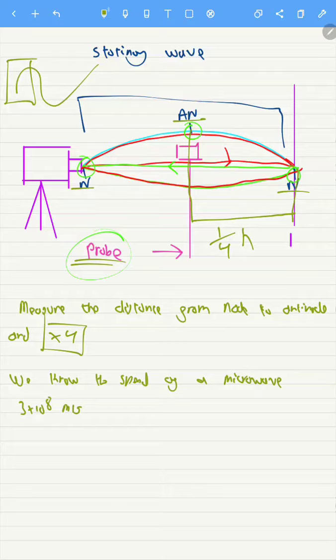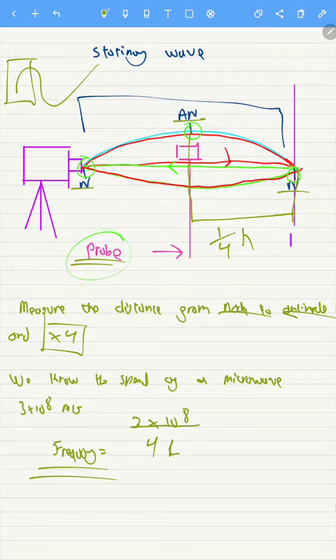So now what we can do is we can actually work out the frequency, which is 3 times 10 to the 8 divided by the length of node to antinode times by 4. And that's how you work out the frequency of the wave of a microwave using a probe, microwave transmitter, etc, etc.